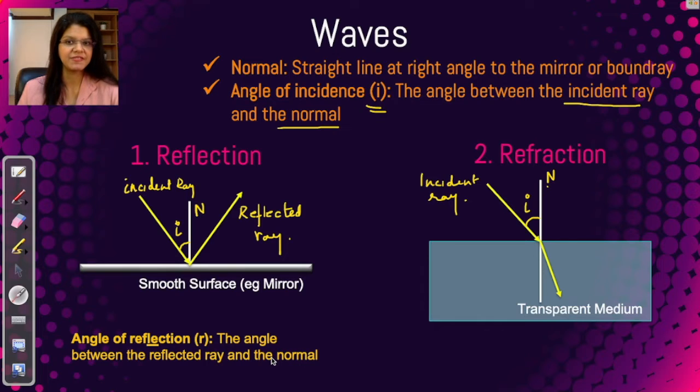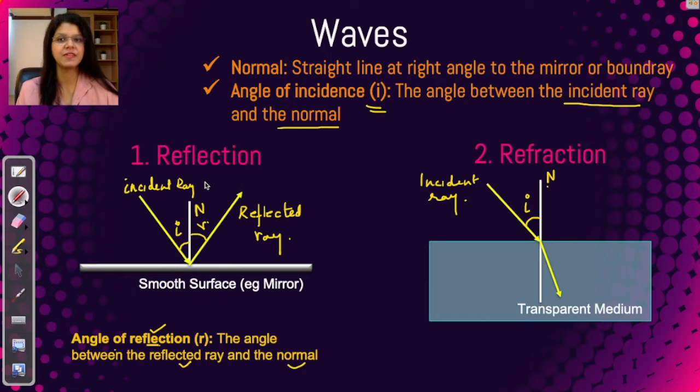You have to draw the reflected ray taking care that the angle of incidence is equal to the angle of reflection. Where is the angle of reflection? It is the angle between the reflected ray and the normal. So whenever reflection happens, you have to take care that the angle of incidence is equal to the angle of reflection.